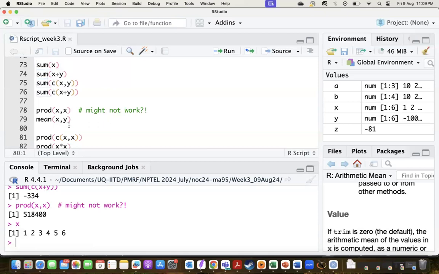So remember, when you have mathematical operators like the plus symbol or the asterisk for multiplication, you're doing an element-wise operation. But when you have named functions, like the sum function or the product function, it does it for everything. All the values altogether will be multiplied or added.